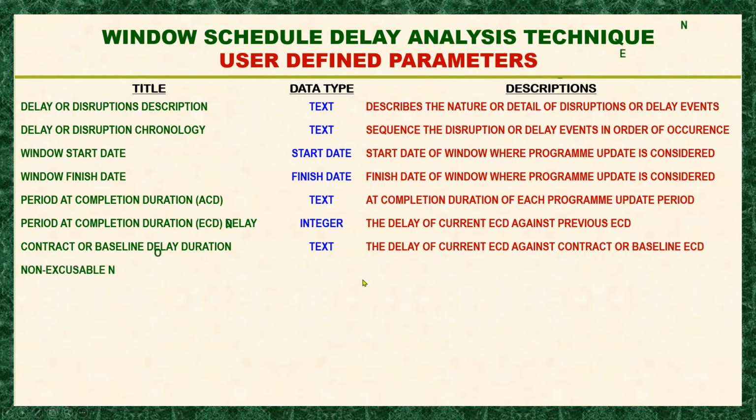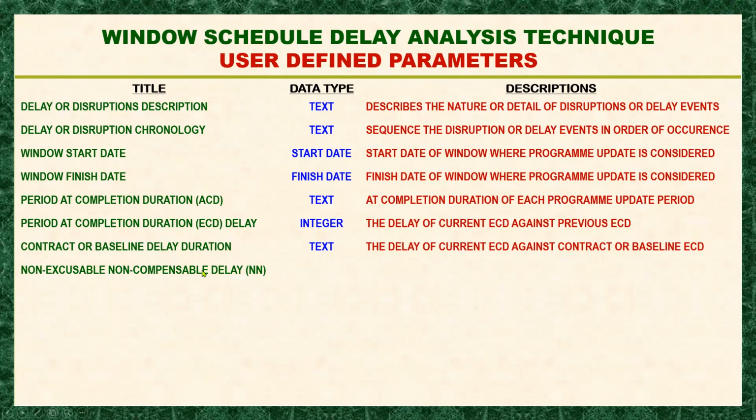Okay, let's go. Non-excusable or non-compensable delay. When we talk about this one, there are 3 types of delays. This is the first type, which is the non-excusable or non-compensable delay.